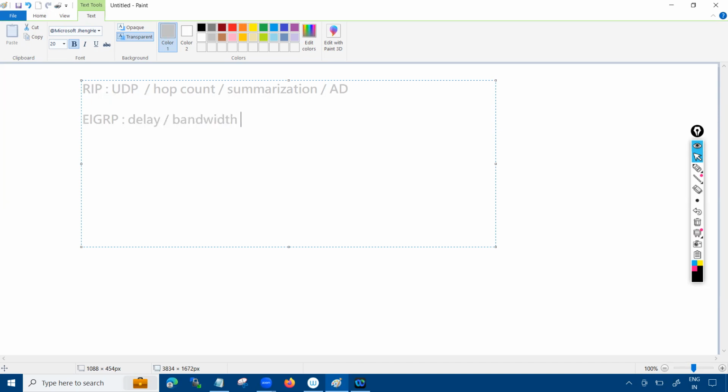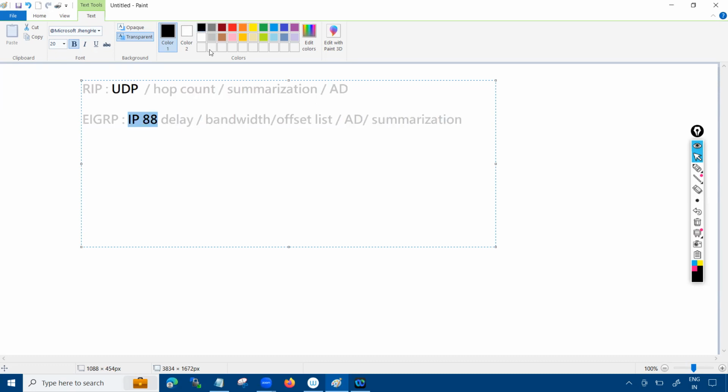I also explained the offset list concept, and I told you which one is the recommended one as well. You can change the AD, you can do summarization as well. In this way, you can manipulate the route. EIGRP is an IP-based protocol, with protocol number 88. So RIP is a UDP-based protocol, and EIGRP is an IP protocol.